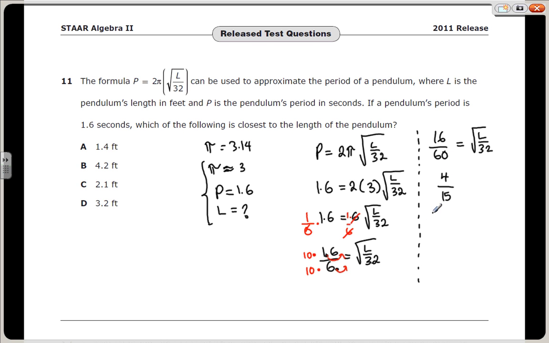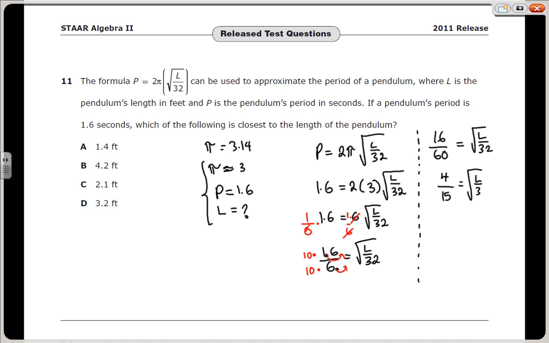Alright? So we have that. Now advancing, we have 4 goes in 4, 4 goes in. Okay? Alright. Now this equals the square root of L over 32.